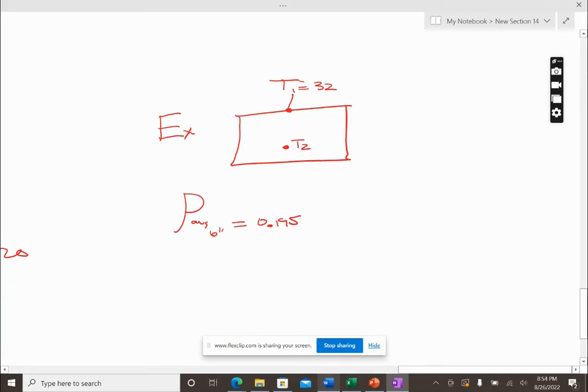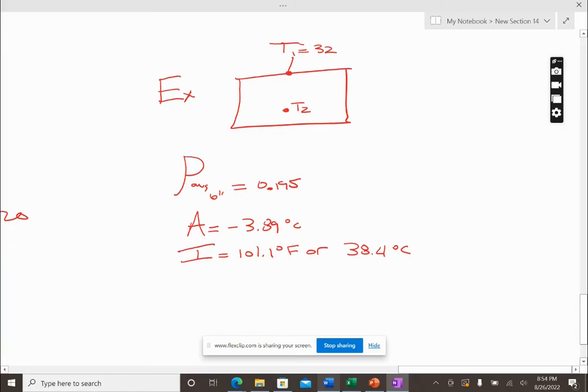So we're going to use the conditions first. The ambient we know is negative 3.89 degrees Celsius or 25 degrees Fahrenheit. The input is going to be 101.1 degrees Fahrenheit, or 38.4 degrees C. So I'm going to measure the temperature.